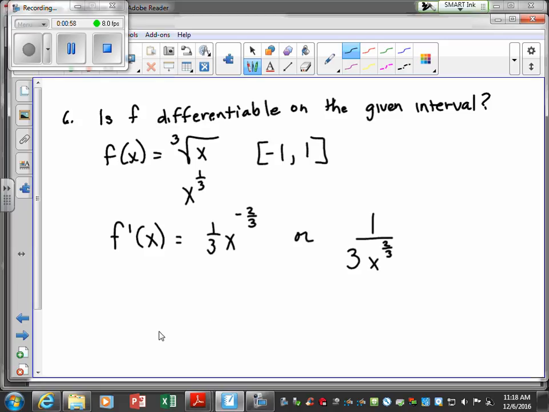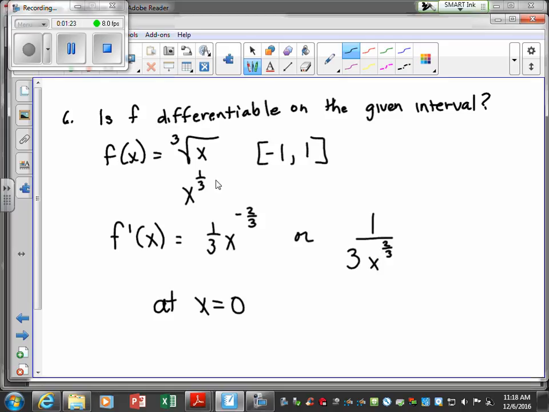But what about the domain of this? Where's this not differentiable? 0, right? If there's a 0 down here, then it's not differentiable. What about 0? So we're going to look at x equals 0. It's not differentiable, and that interval right there includes 0, right?